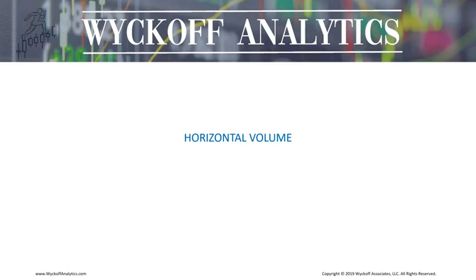I think volume needs to be taught with different ways of looking at the volume signature, because in its essence, the volume on the vertical volume bars is not very telling. It's actually hiding a lot of the information that we would prefer to have.